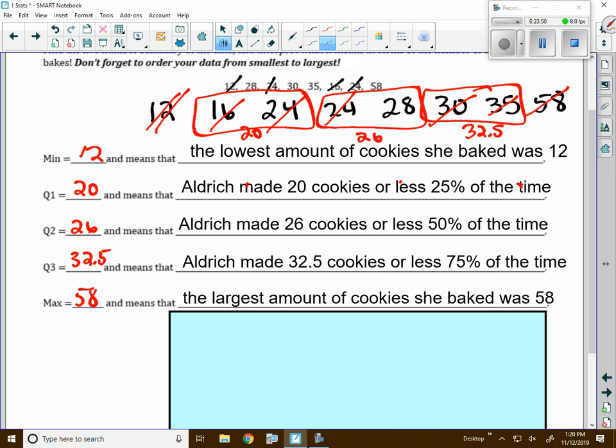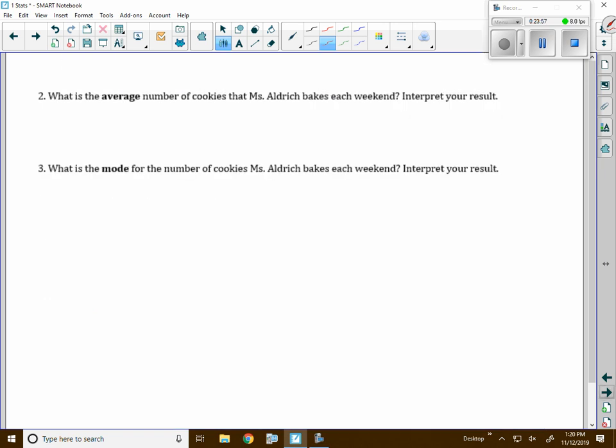Okay. Now, the next steps. I think we might have time. What is the average number of cookies that Miss Aldrich bakes each weekend? How do we find the average of her whole data set? We add them all up. So go ahead and add them up.